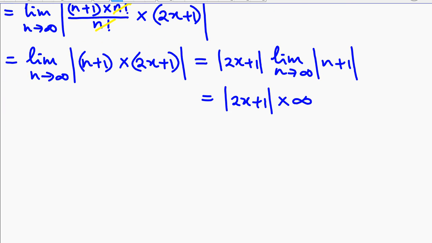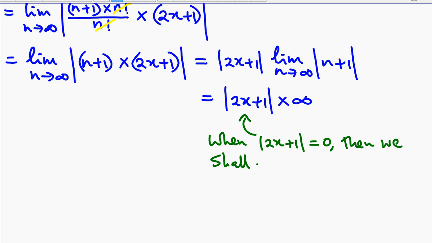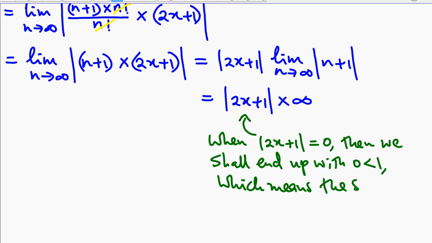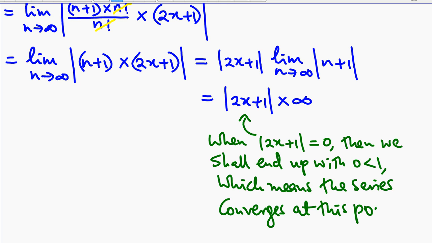Now, again, when this bit is equal to 0, then we shall end up with 0 is less than 1, which means the series will converge. It's similar to the previous example, but I'm just adding more details for you.